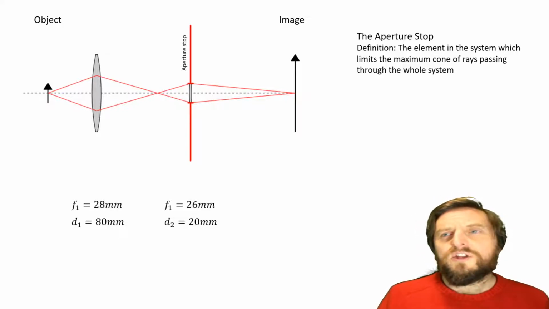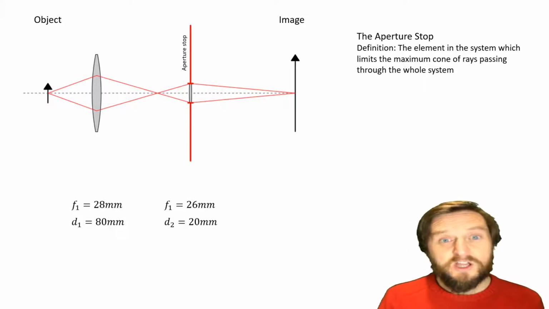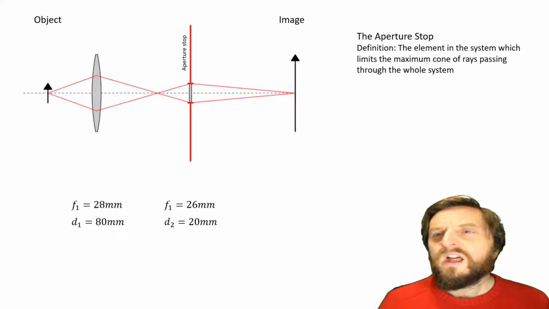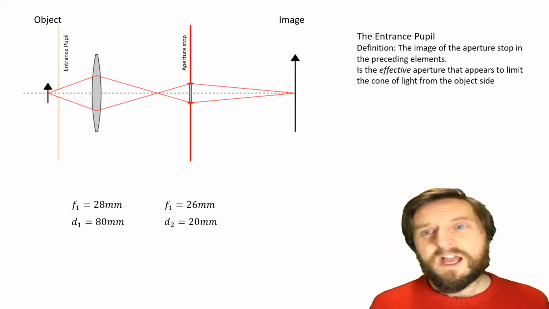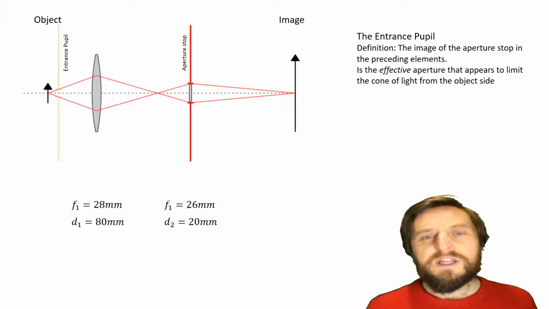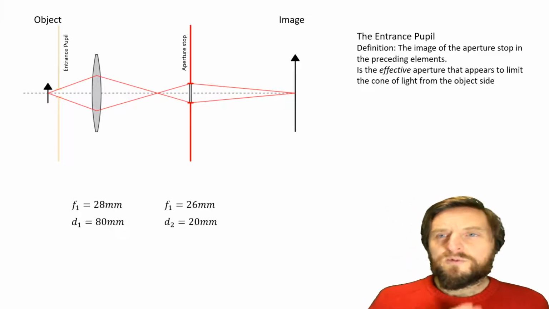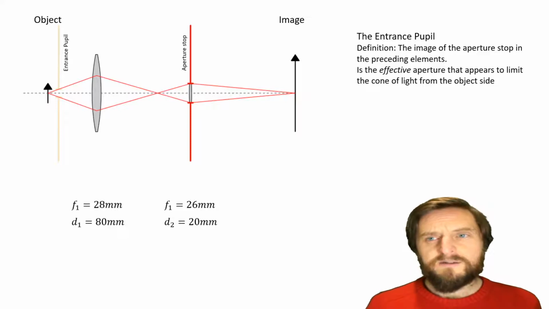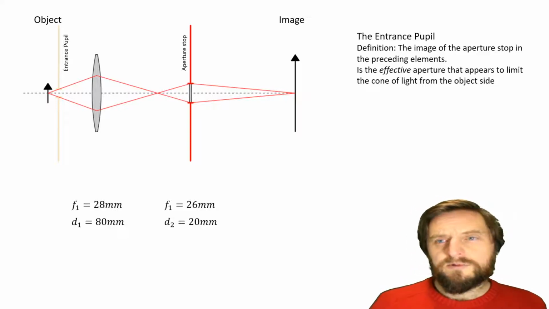And because you're looking through the front lens at the second lens, the size of the second lens will appear different. That image that you see of the second lens, of the aperture stop, is called the entrance pupil of the system. And the entrance pupil serves a very important purpose. Every ray of light that enters the system must be angled to pass through the entrance pupil.